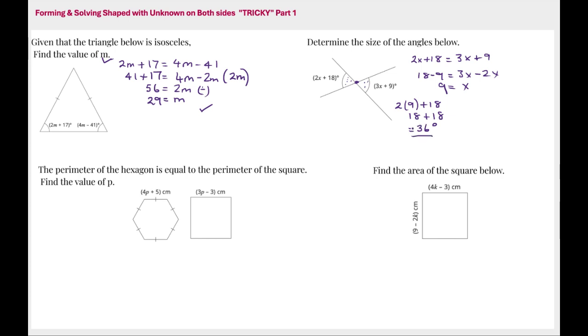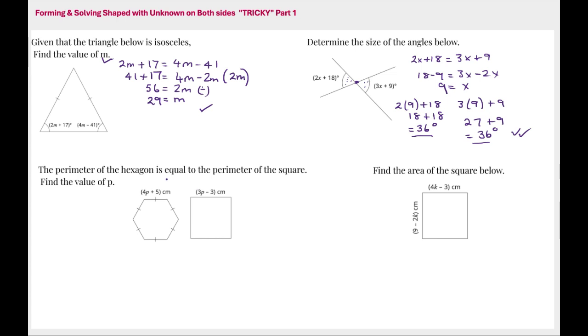Do you need to redo that? No, because they equal the same, they're the same angle. However, I would tend to, just to check. I always like to check my answers. 3 times 9 is 27 plus 9 equals 36. I'm very confident that that's right.